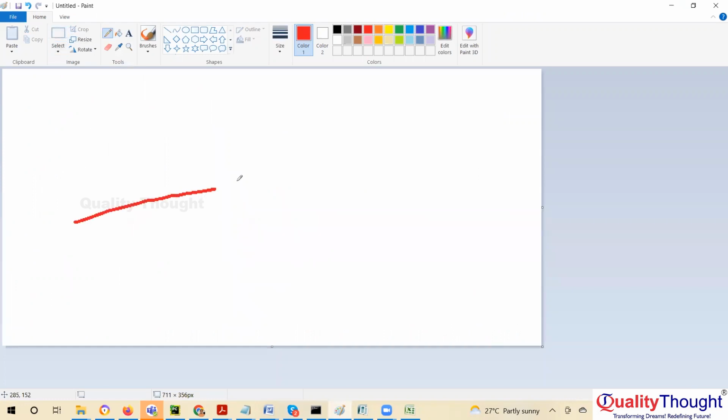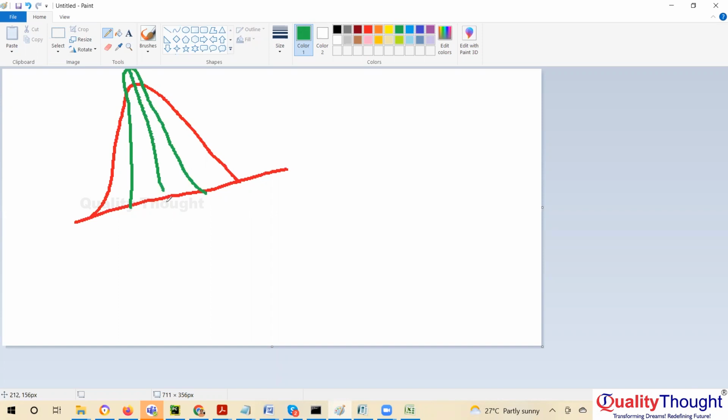Now, let's say this is a graph, and assume this is normal. My drawing doesn't look normal, but let's say this is normal. Now, I have one more normal graph, something like this. If you see this, both are normal, so both will have the same mean, median, mode.